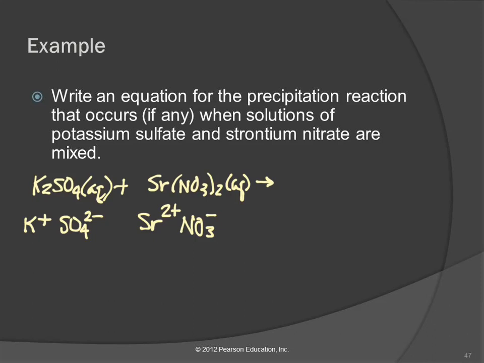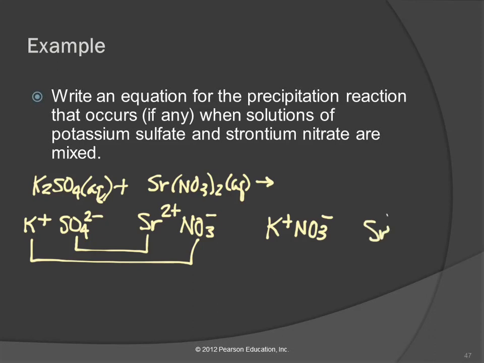So we're going to swap partners. That's all that can happen. So I'm going to write the possible combinations over here. K plus and nitrate, Sr 2 plus and sulfate.